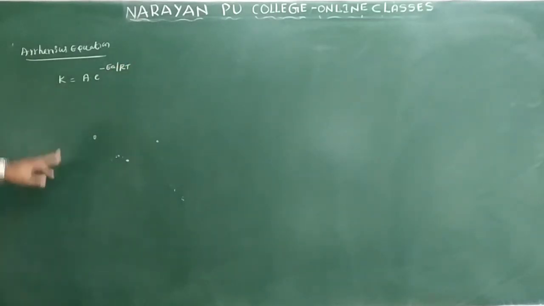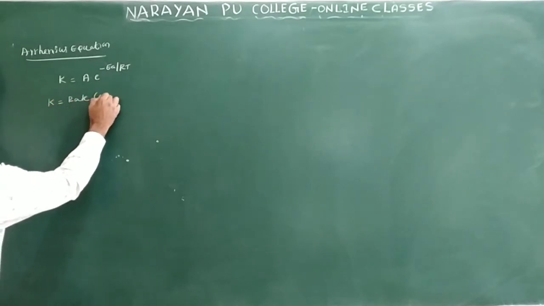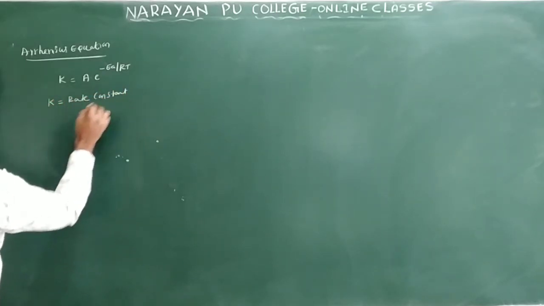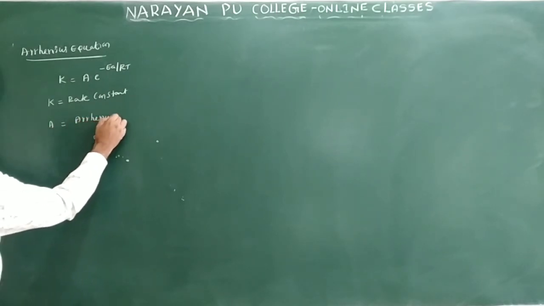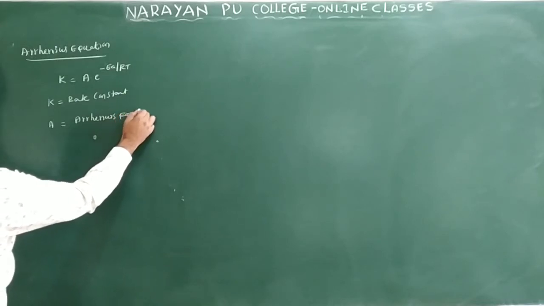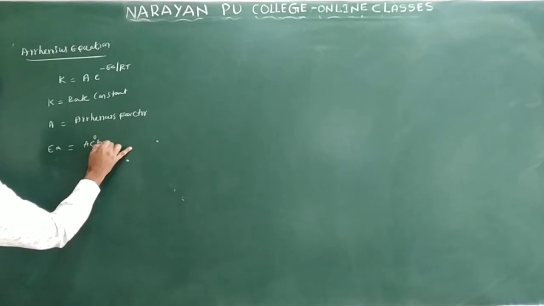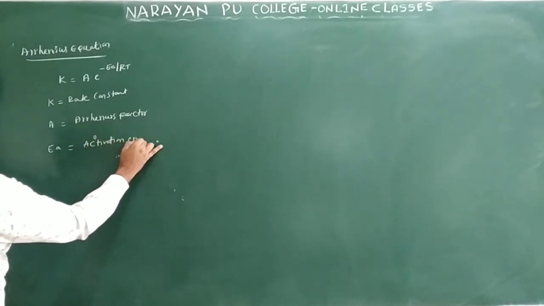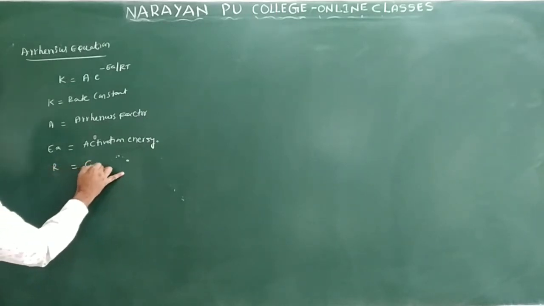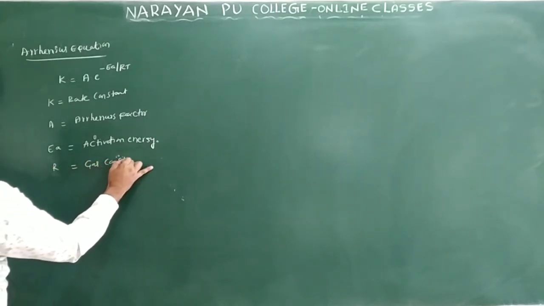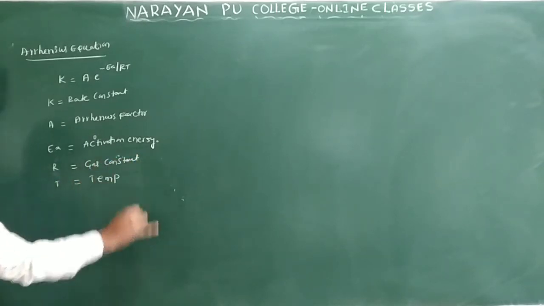What is k here? k is the rate constant, A is the Arrhenius factor, Ea is the activation energy, R is the gas constant, and T is the temperature.